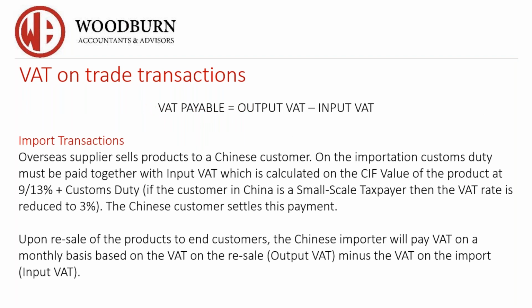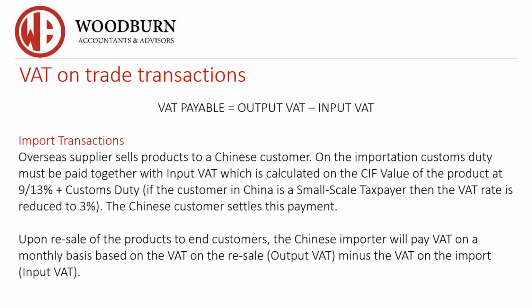So what does VAT look like on trade transactions? Okay, so let's look at it from the perspective of import transactions. So you've got an overseas supplier that's selling you products into China, and your entity is purchasing those products. So on the importation, customs duty has to be paid together with the input VAT, which is calculated on the CIF value of the product, which will be between 9 and 13%.